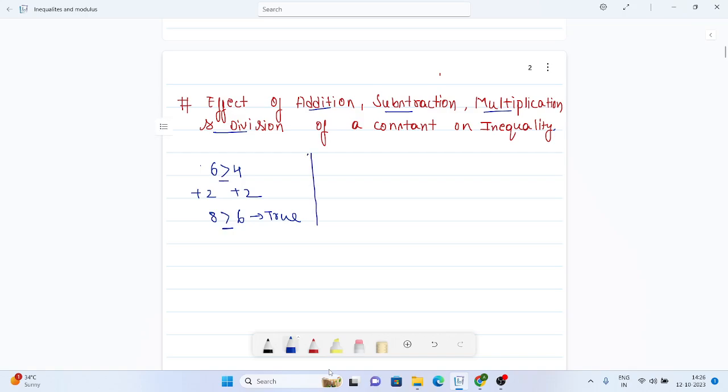Now I take the second example, subtraction. If I subtract 2 from both the sides, you get 4 greater than 2. This is also true, means the sign doesn't change in subtraction also.